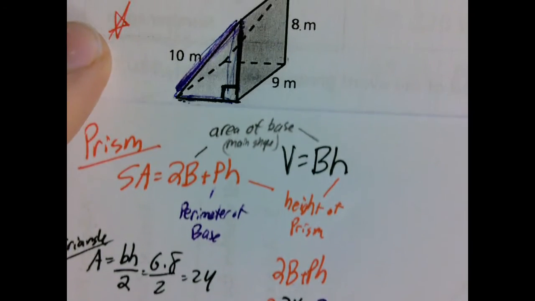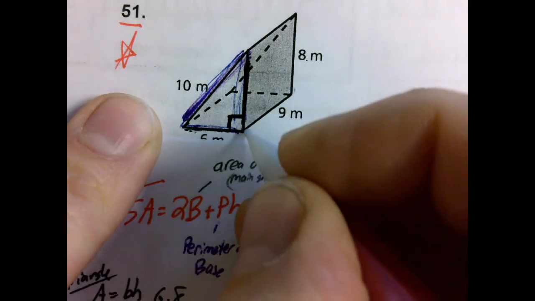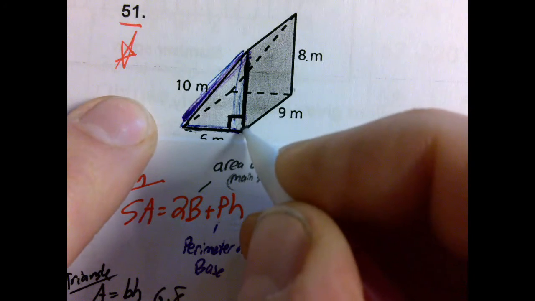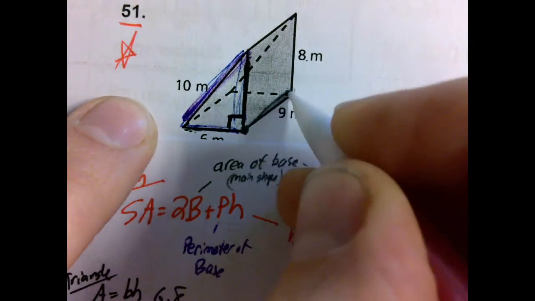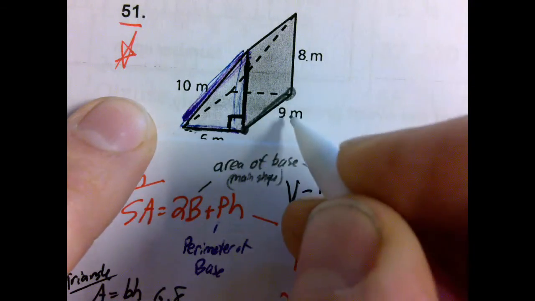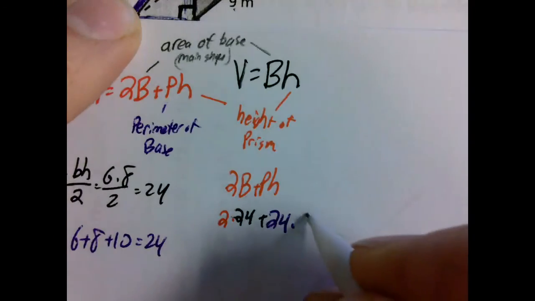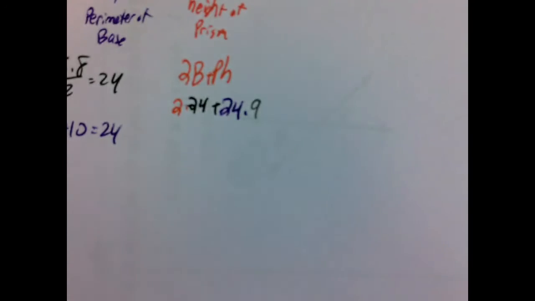What's the other number we haven't used? Or correctly said, what's the distance between the bases? What's the distance from the triangle in the front to the triangle in the back? Take it times that 9, grab a handy dandy calculator, and that's where you get your answer, 262 meters squared.